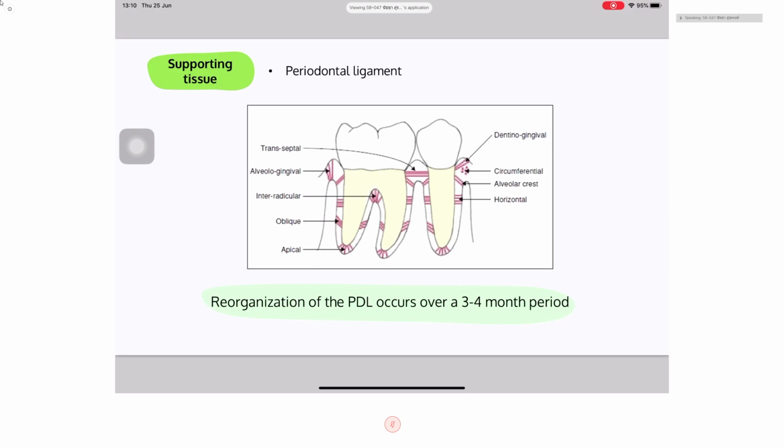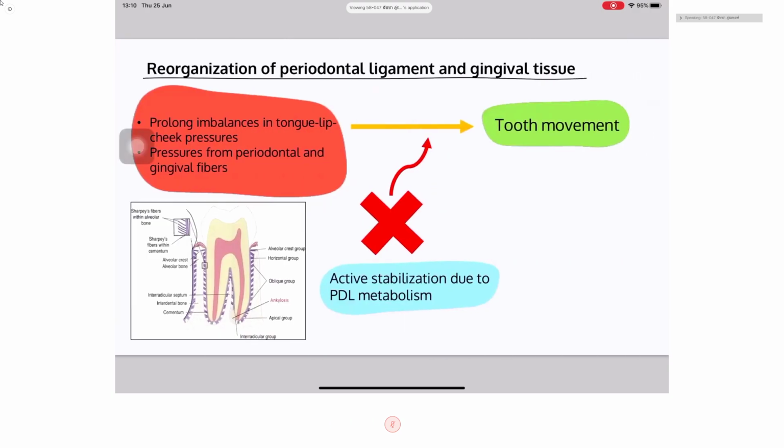PDL reorganization is important for stability because of the periodontal contribution to the equilibrium that normally controls tooth position. The teeth normally withstand occlusal force because of the shock-absorbing property of the periodontal system.